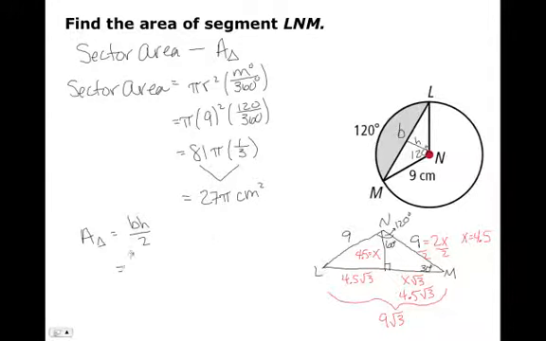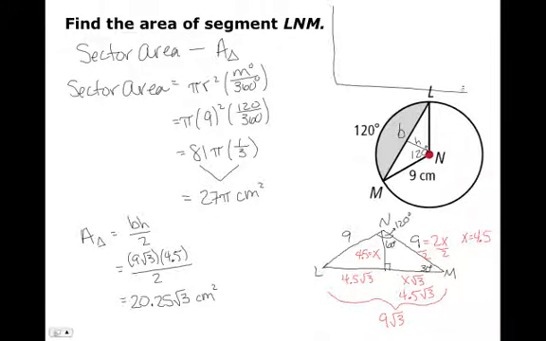So I come over here, my base was 9 square root of 3, and my height is 4.5. When I multiply my numbers, I get that the area of the triangle is 20.25 square root of 3 centimeters squared. Remember, we have kept everything exact all the way until this very end.